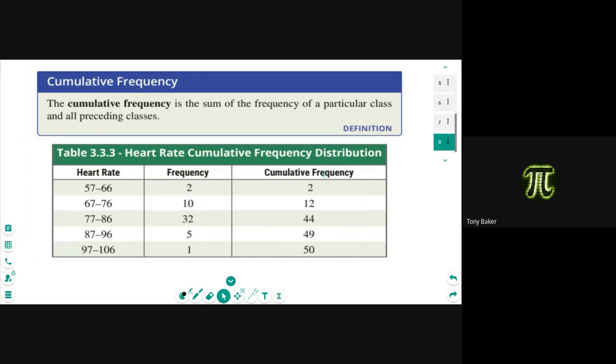So cumulative frequency for the first one would be 2. The second one would be 12 because it's 2 plus 10. The next one would be 44 because it's 2 plus 10 plus 32. You're just basically summing as you go up. And your final class should be the total number of values that you had, which in this case was 50.